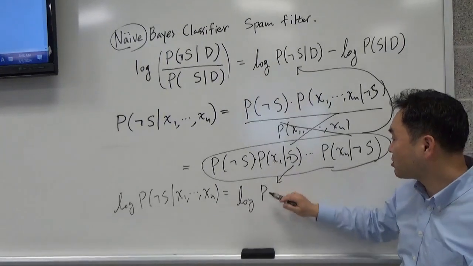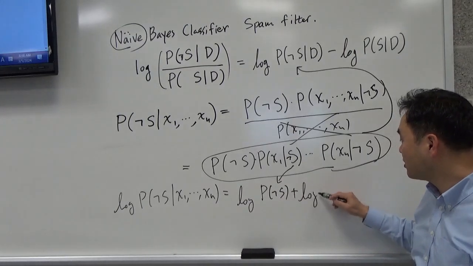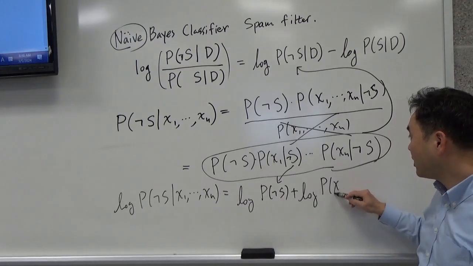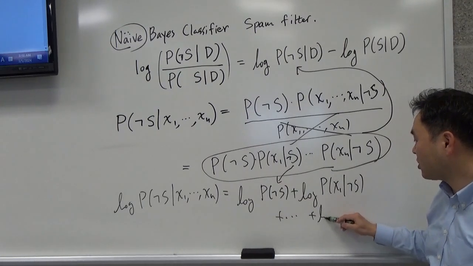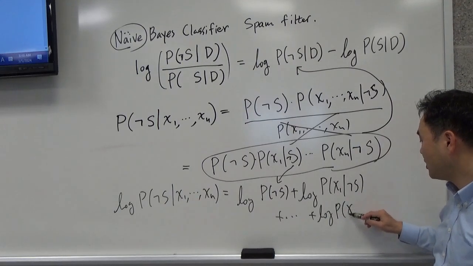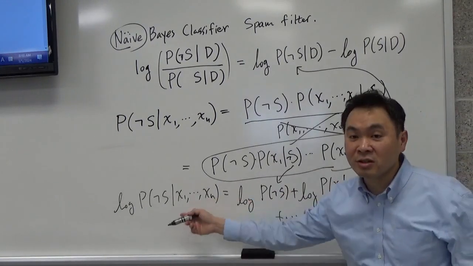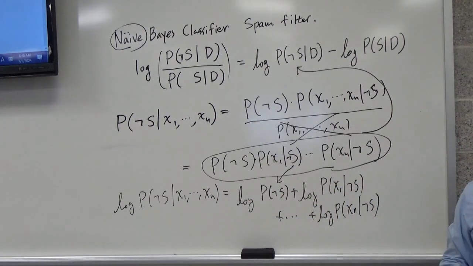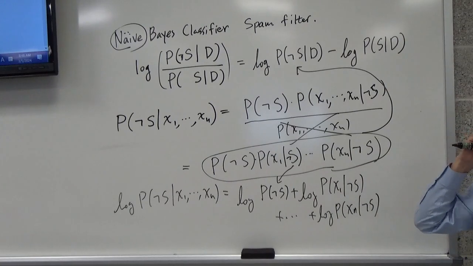You can add them, right? So what happens is that it's log P(not S) plus log P(x1 | not S) plus and so on, plus log P(xn | not S). And that's the way we're going to compute this. Yes? Can we only use log base 10 or can we also use the maximum? That's why I said you can use log base anything. Log base 2, anything is okay.